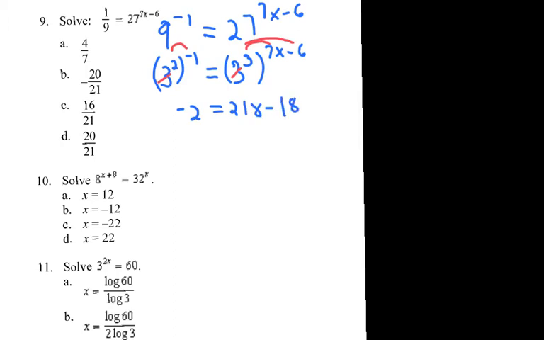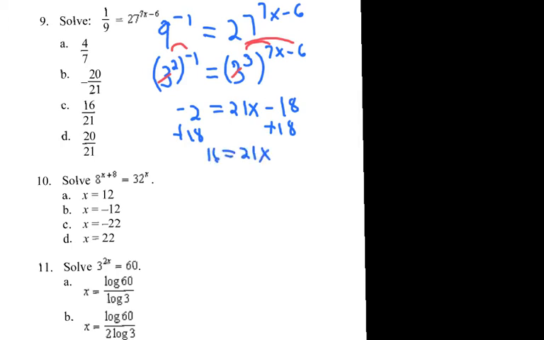And this is an x. Let me make that an x again. There we go. So now we just solve for x. So you get rid of the 18. So we got 16 equals 21x.